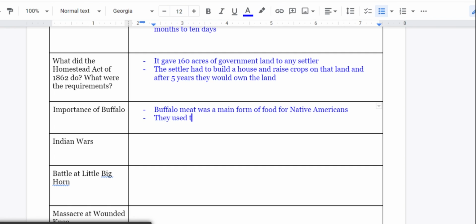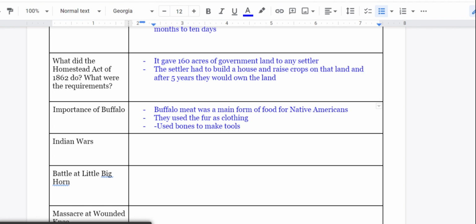They also used the fur as clothing and used bones to make tools.